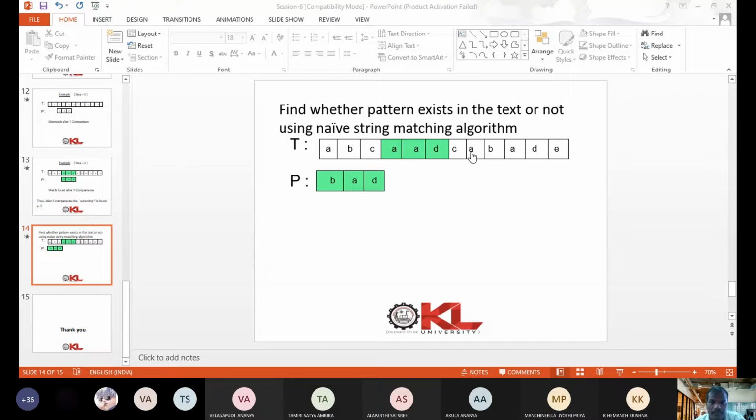Jyoti Priya, Sir. What is the answer for this? Sir, can you hear me, sir? What is the answer to the problem which is displayed on the screen?